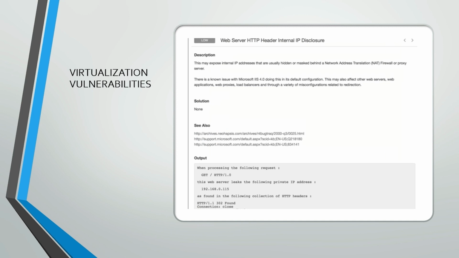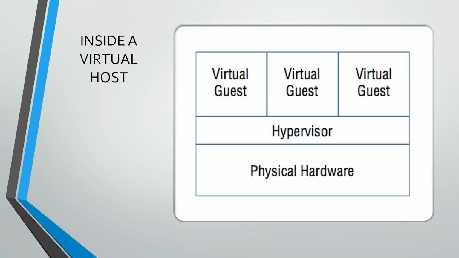Okay. Virtualization vulnerabilities. Virtualization essentially is running an operating system on another operating system, right? This is kind of what it looks like. We have, say, 3 virtual guest systems inside a hypervisor. A hypervisor is going to be like VMware Workstation or ESXi or Hyper-V, or on the Linux side, libvirt.